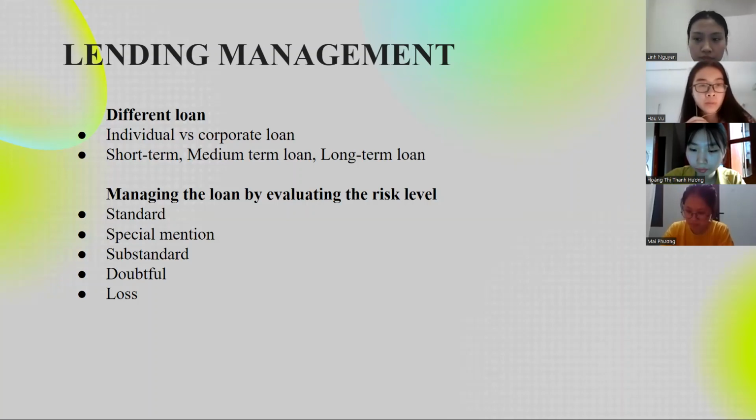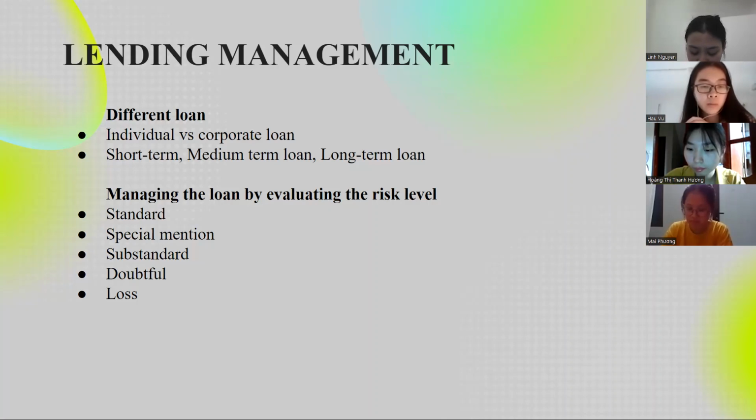Based on the maturity, it can categorize loans into short-term, medium-term, or long-term loans. But the most popular and efficient way of managing loans is to categorize them based on the risk level, such as standard loan, special mention loan, substandard, doubtful, or loss.